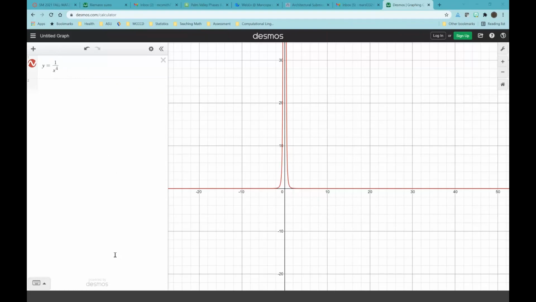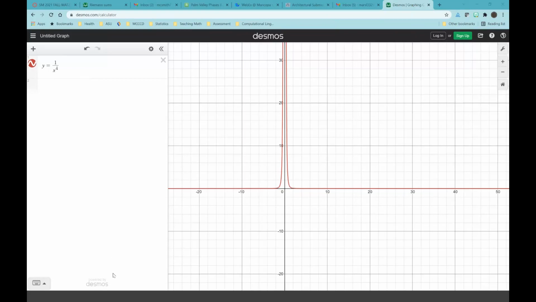I like that. All right, so basically, once you plug in 0 for x down here, you get 1 over 0. 1 divided by 0 is undefined.